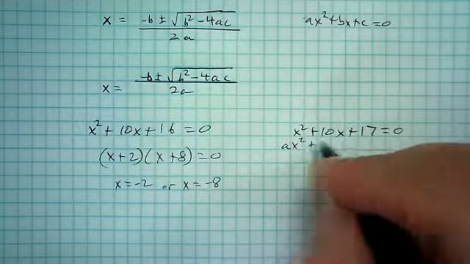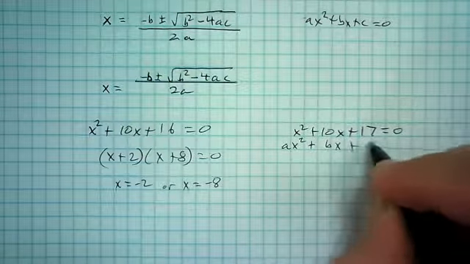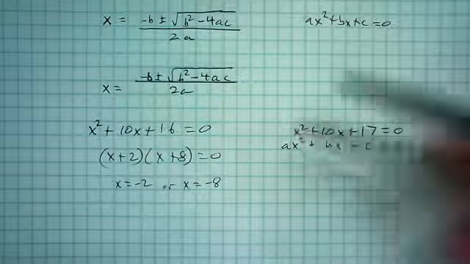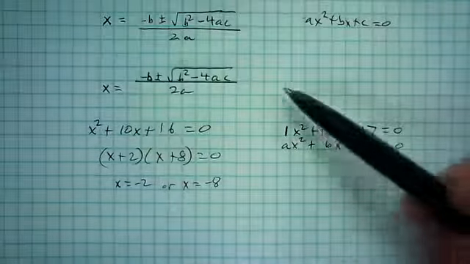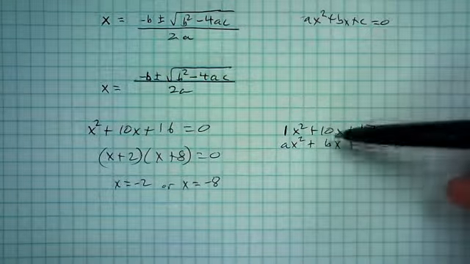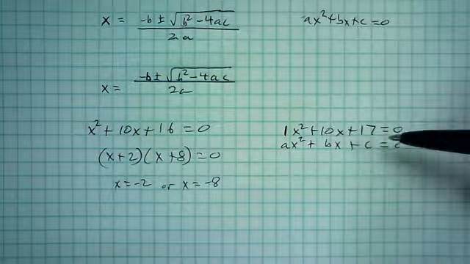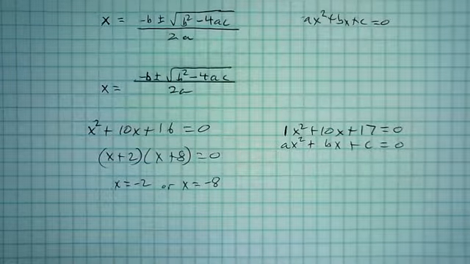Now remember, if we're using ax squared plus bx plus c as our format, a is the number in front of x squared, which in this case is a 1. B is the number in front of the x, which is a 10, and c is the number by itself, which is 17.